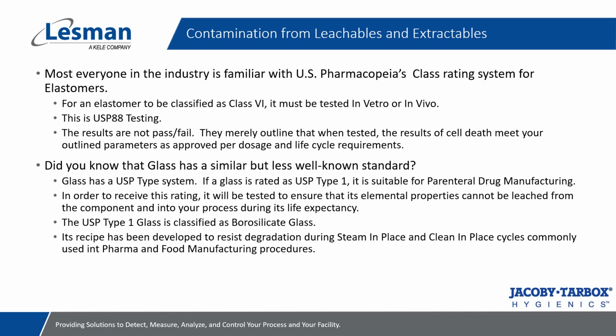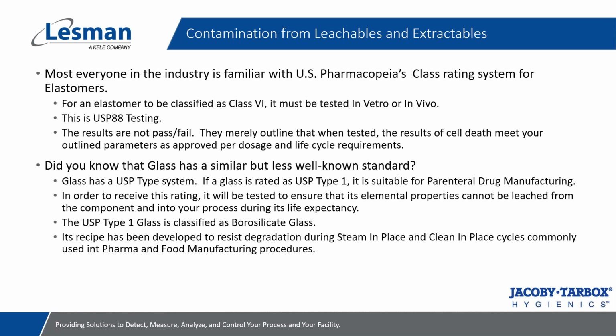Because for something to be classified as borosilicate, it has certain elemental properties that have to be present. But to take that a step further, if it's USP type 1 borosilicate, now you've written an airtight standard on what all of your observation equipment should be required in those injectable and ingestible manufacturing facilities.